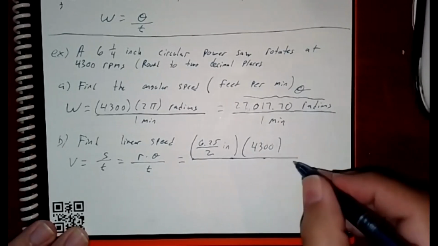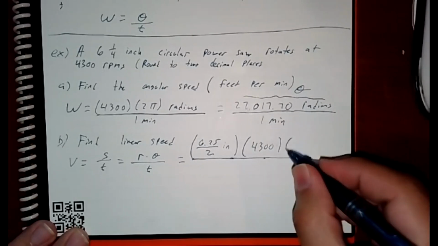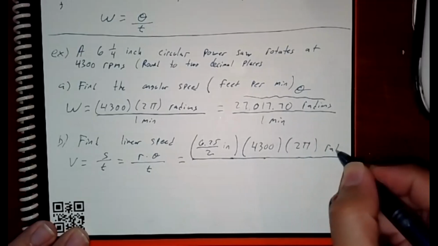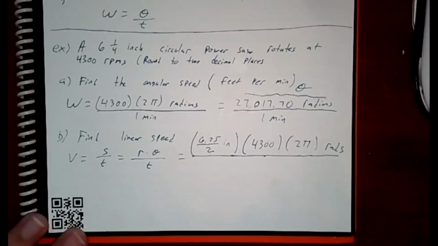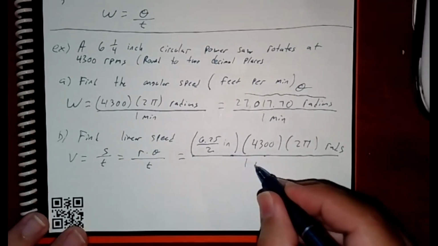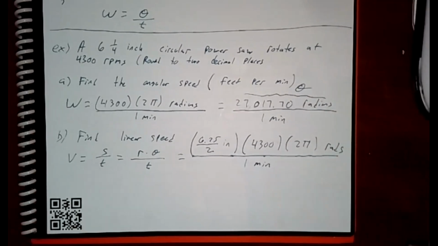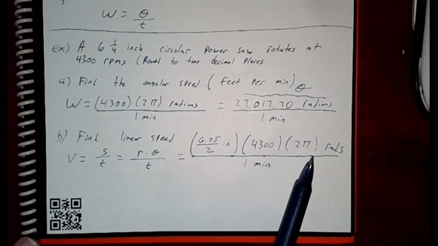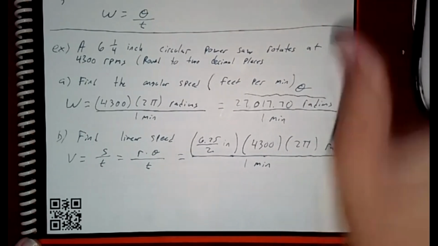We'll plug in that 27,000 over there times 2 pi radians, or rads for now, over, and that's per minute, right? So 1 minute. So multiply all this nonsense together. What do we get? Let's see.